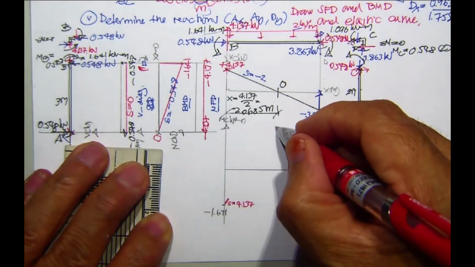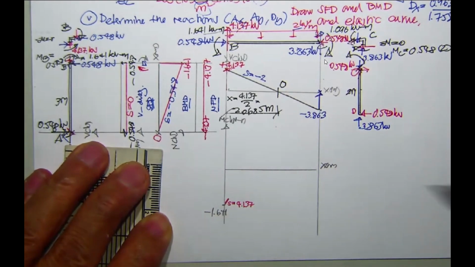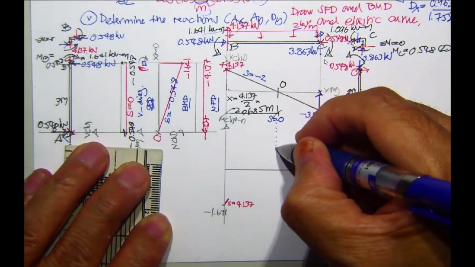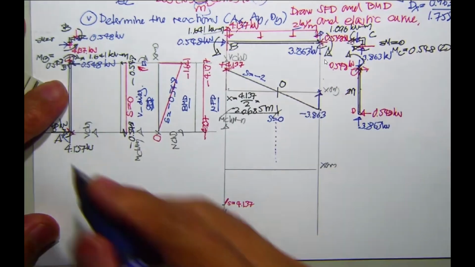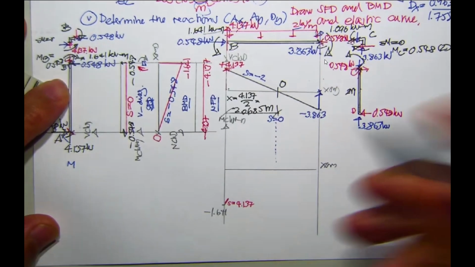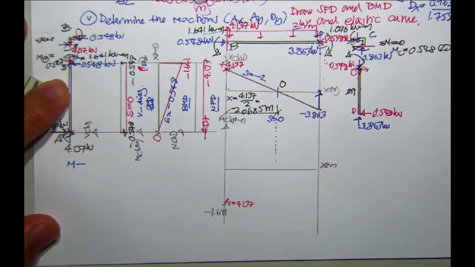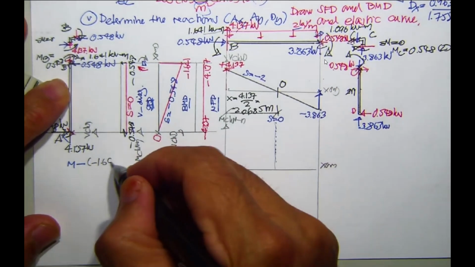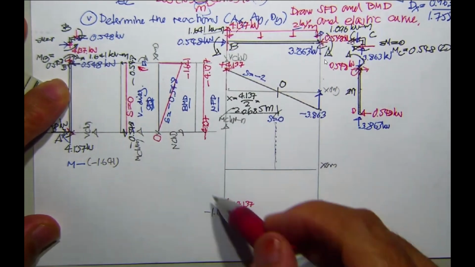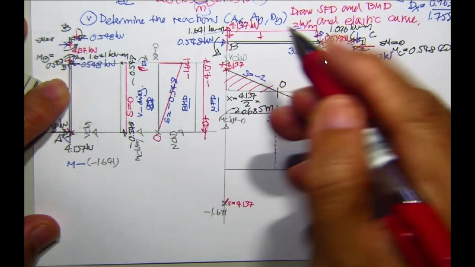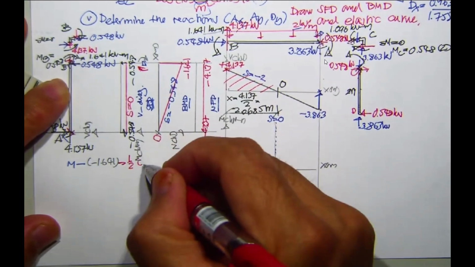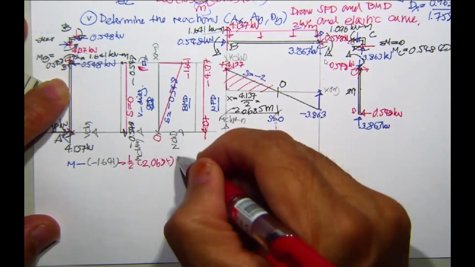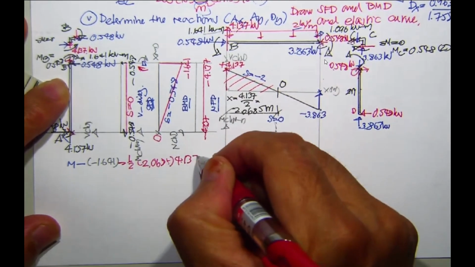And then up until here, we have slope equal to 0. We don't know the moment over here. Moment over here minus moment over here, minus 1.641 minus over here, that's going to be equal to 1/2 times 2.0685 times 4.137.